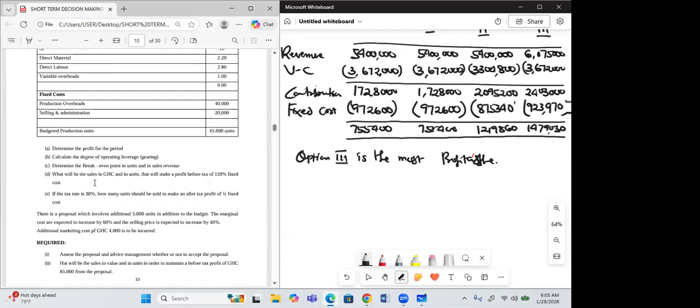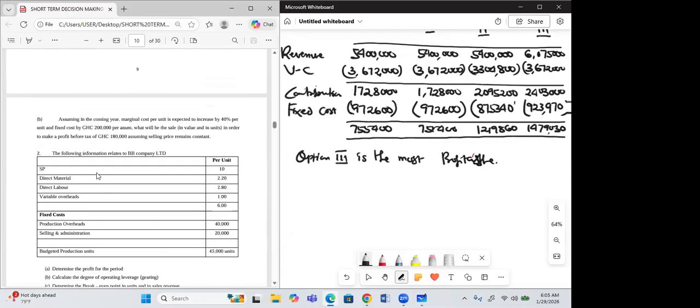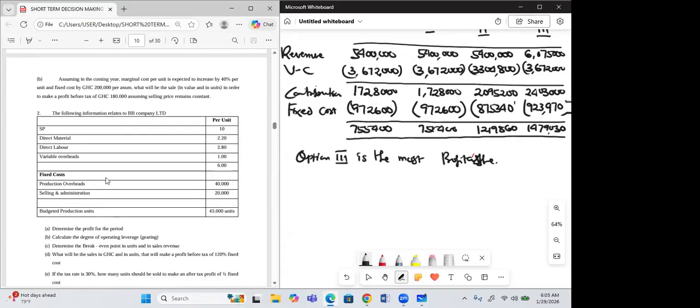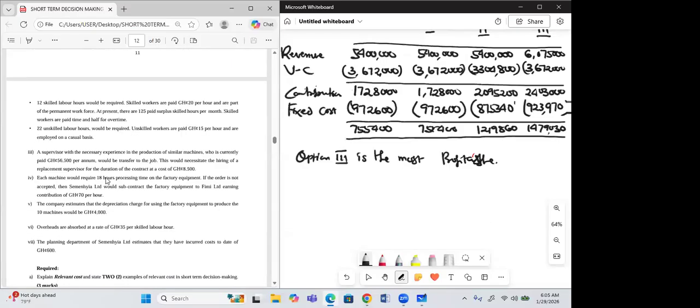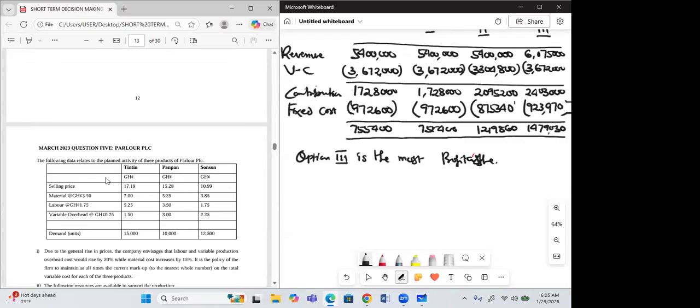Then please, go and do the A part of question 2 of the CDP. So we are left with Sementia, that's relevant costing.